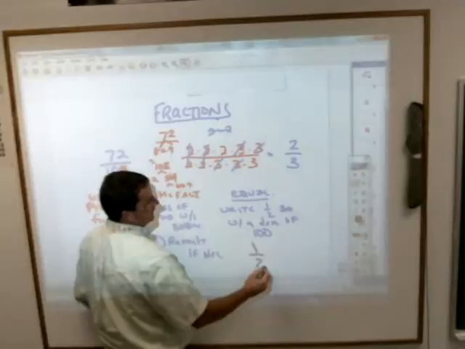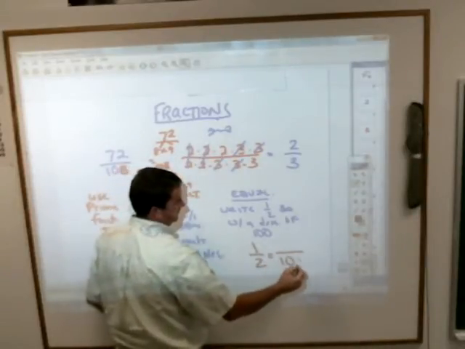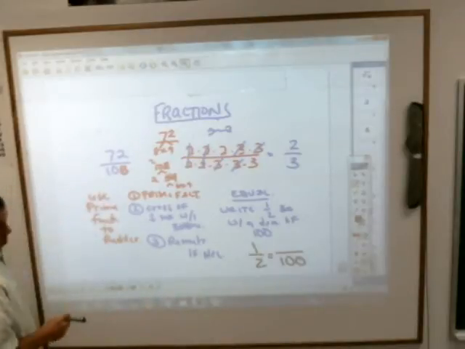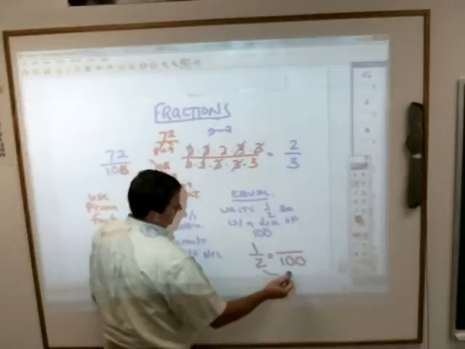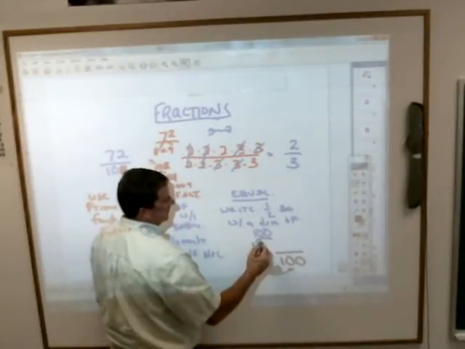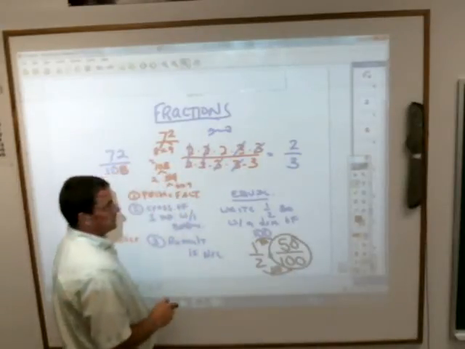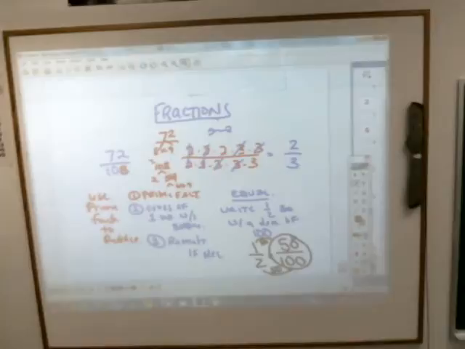If I have 1/2 and I want to make it so that it has a denominator of 100, you multiply 2 times 50 and then 1 times 50. Correct. What times 2 gives you 100? You multiply the top and the bottom by the same thing. And this is your new fraction, 50 over 100.